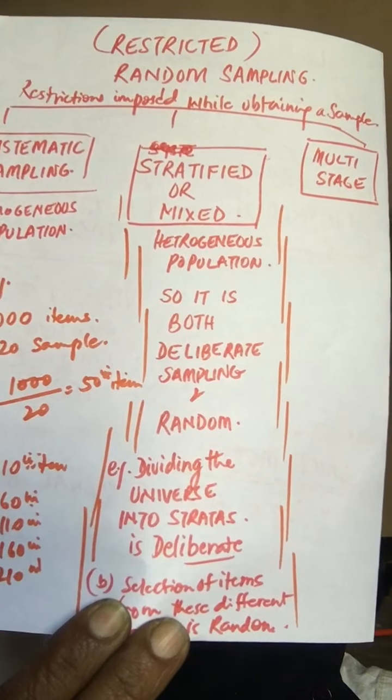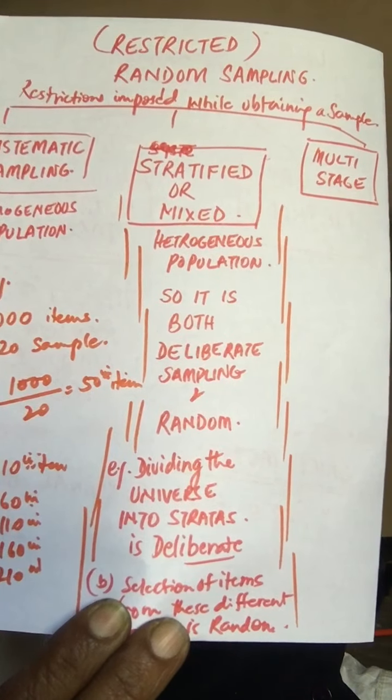So under this method, what we do is we take the first item of the list randomly from the first sampling interval, that is between 1 and 50.